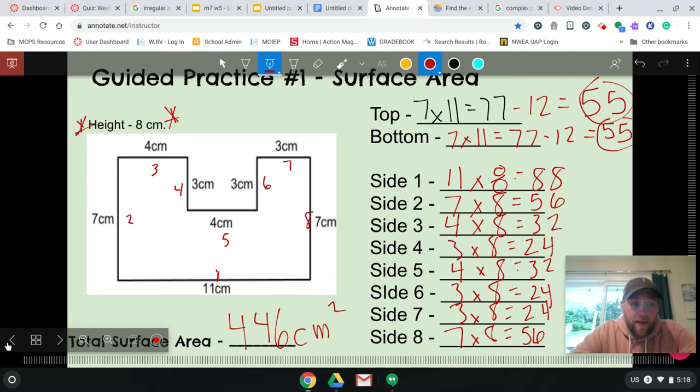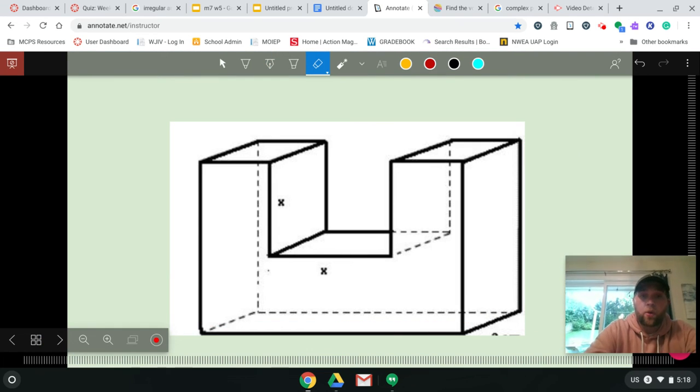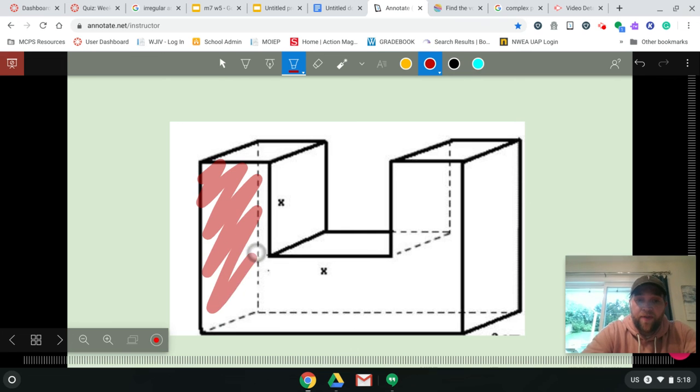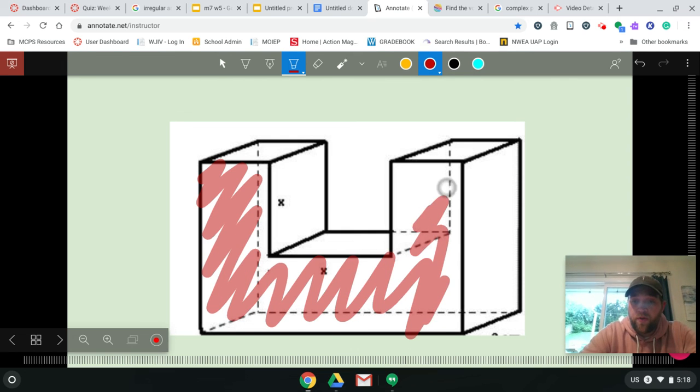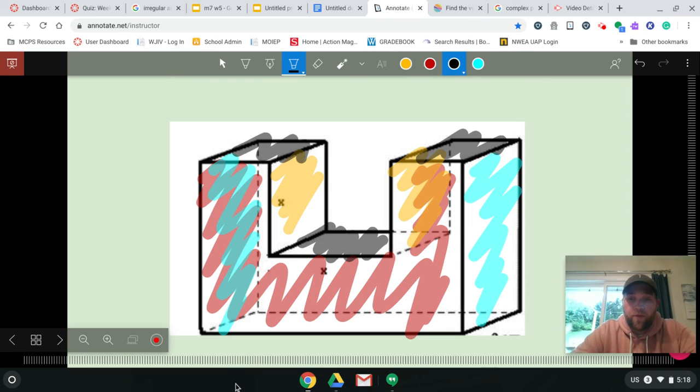That means that this three-dimensional prism has a total of 446 centimeters of coverage for each of these faces. So you have this huge face, which is the top and the bottom, and you have all these side faces and smaller faces, right? But when you add up the area of each of those faces, they all add up to a total of 446.